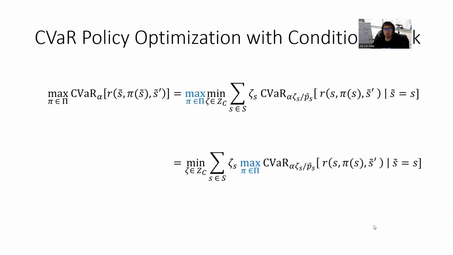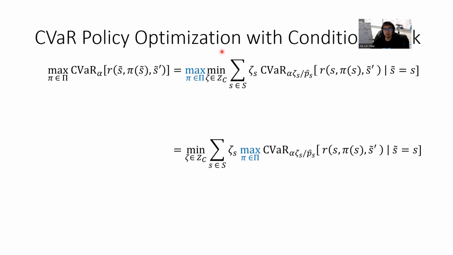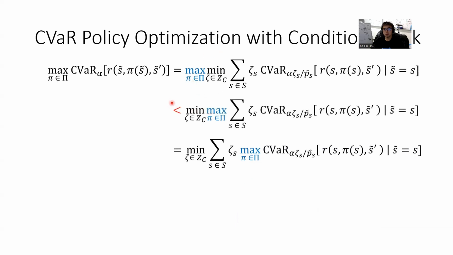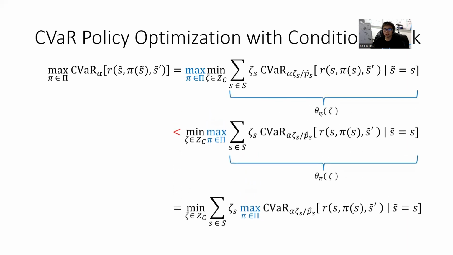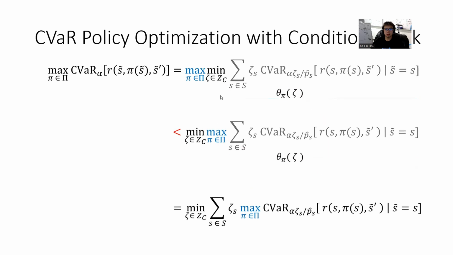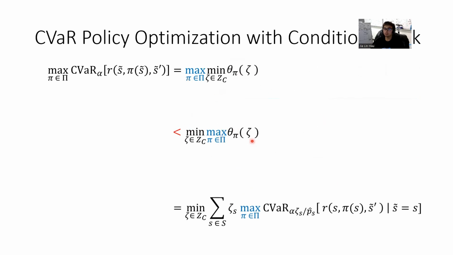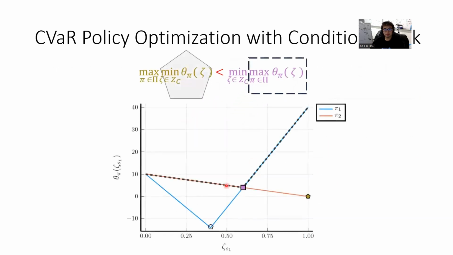Unfortunately, in our work, we show that this is not true, because when you move the max into the min for the first time, you get this inequality from the duality gap. To visualize it, we will call this theta, and we will visualize max min of theta compared to min max of theta. When we compare them, we can see that this purple dot is above the golden pentagon.